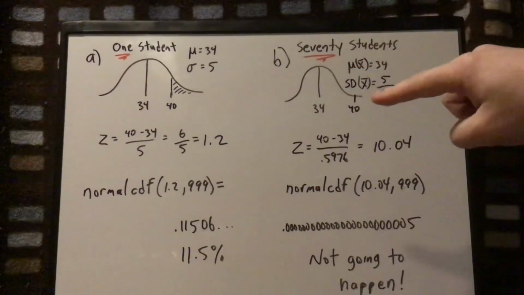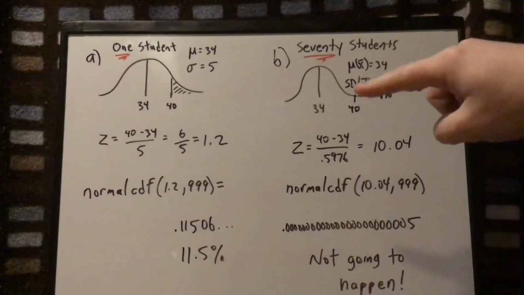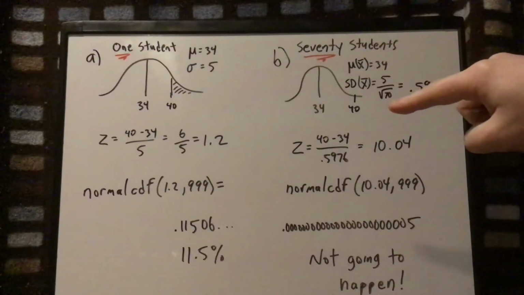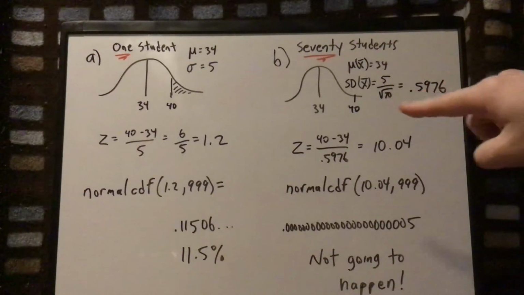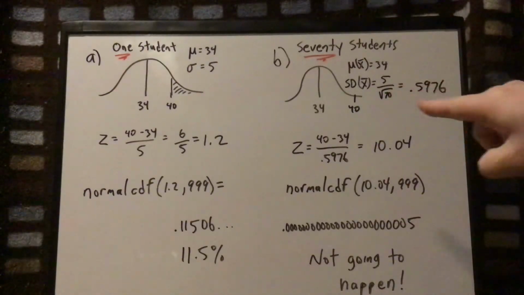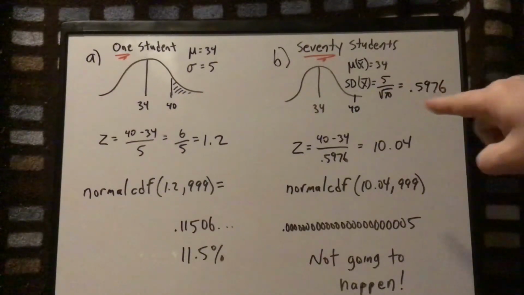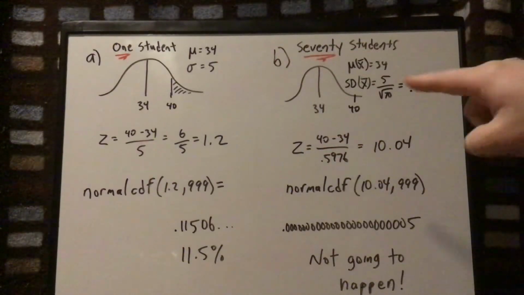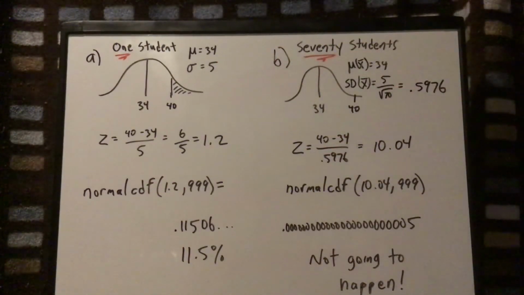That formula I showed you, the standard deviation for 70 people is 5 over the square root of n, or the square root of 70. The spread for 70 people is a lot tighter than the spread for one person. So the group of 70 only varies 0.5976 of a minute within one standard deviation.